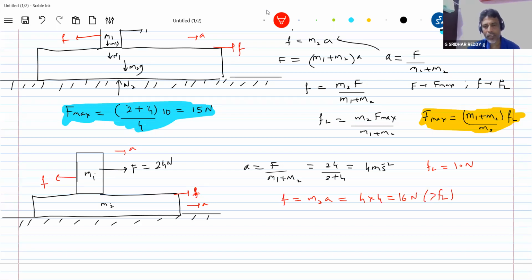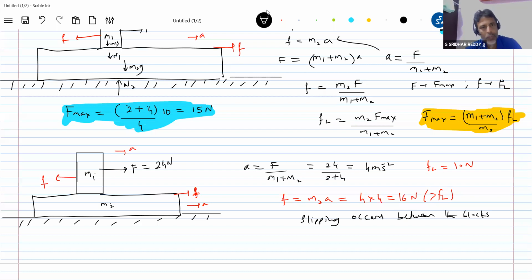So what is the conclusion? In fact, slipping occurs between the blocks, because the friction value cannot be greater than FL. The maximum permitted value of friction equals limiting friction. Anything greater than that, slipping will occur. So slipping occurs between the blocks.